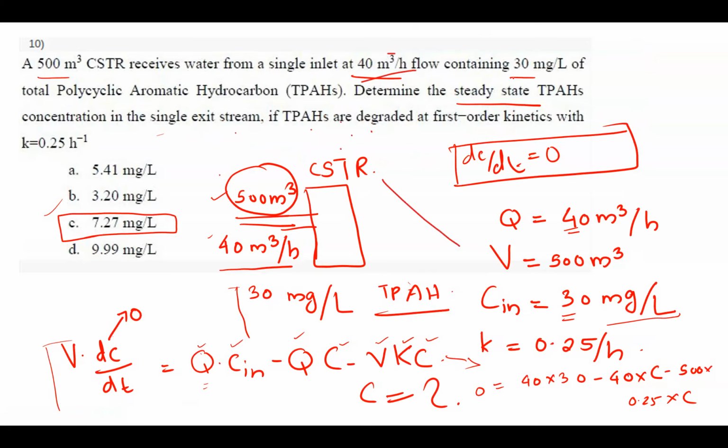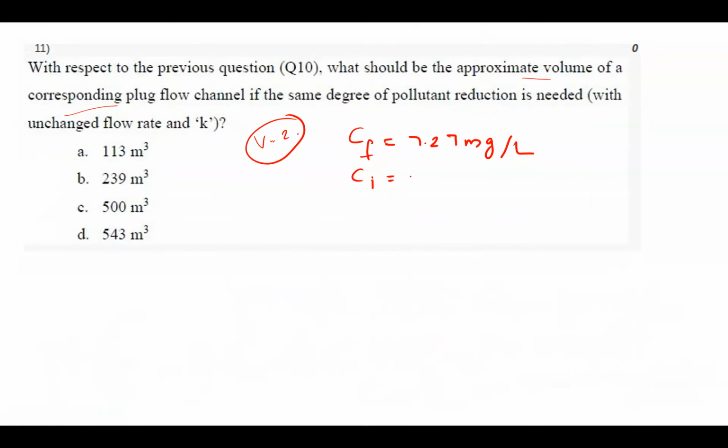Initially it was 30 milligram per liter, and the same degree of pollutant reduction is needed. So delta C is 30 minus 7.27, in milligram per liter.